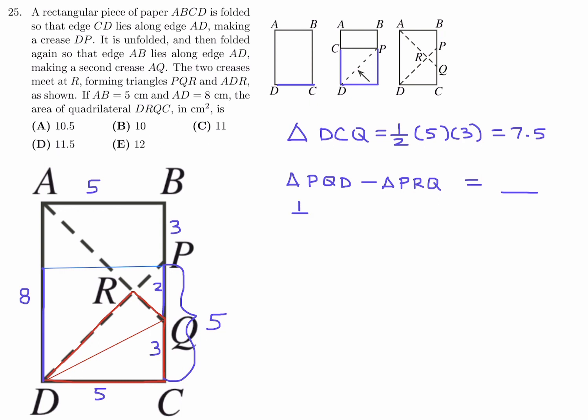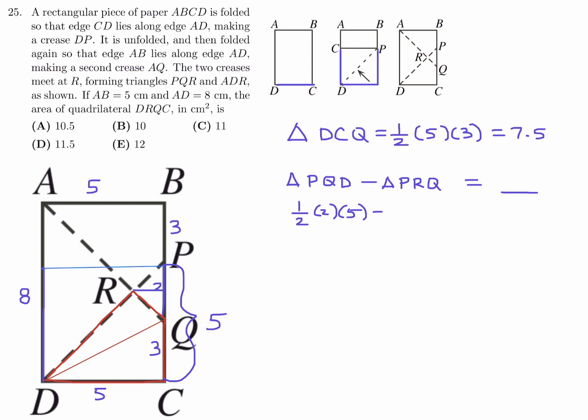Okay, PQD is 1/2 base times height. The base is PQ, which is 2, and for the height I can use this distance, D to C. So that's 5. Now we come to not necessarily the most difficult, but definitely a little bit of thinking involved here: PRQ. How do I figure out the area of PRQ? I have the base, that's 2, that's not a problem.